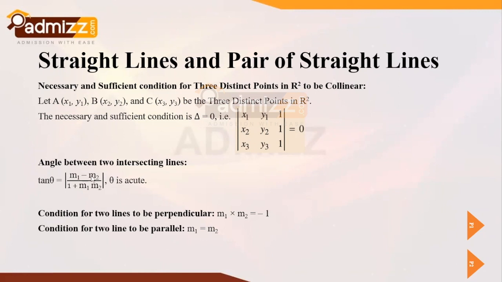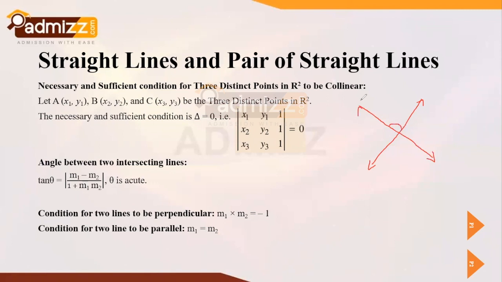Now to find the angle between two intersecting lines, let's say one line is inclined this way and it makes a certain angle with another line this way. How can the angle between the two lines be found?